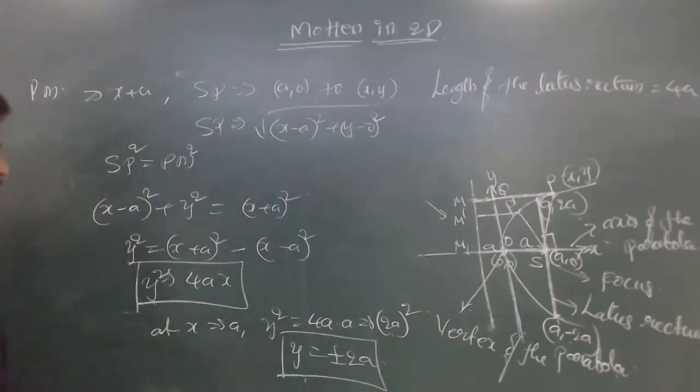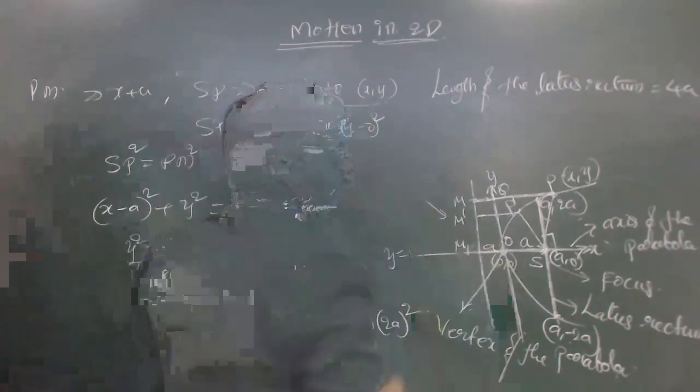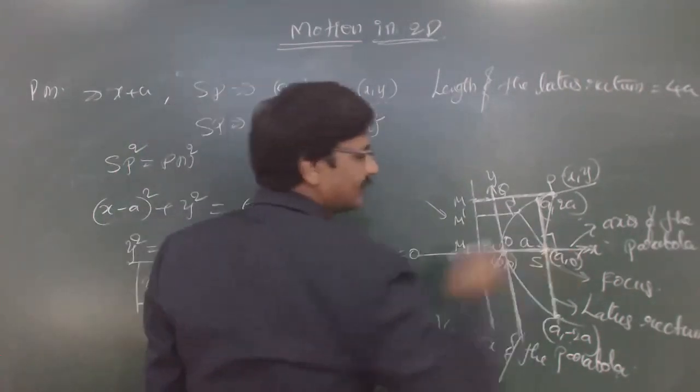So in this equation, if you notice, the vertex is at (0, 0) and the focus is at (a, 0).